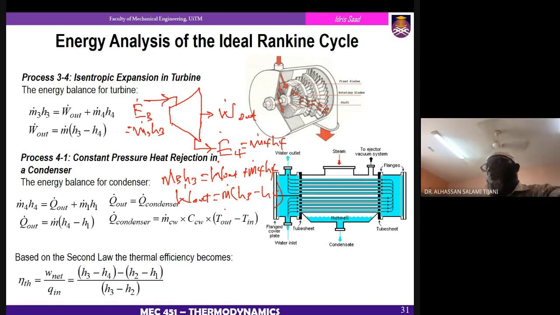That is very easy to determine, the work output from the turbine.